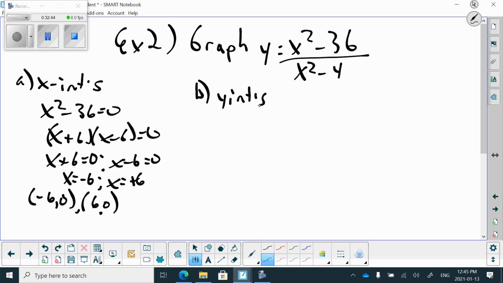Y-intercepts. What do we do to get our y-intercepts? So we have what left over? Just -36 over -4.